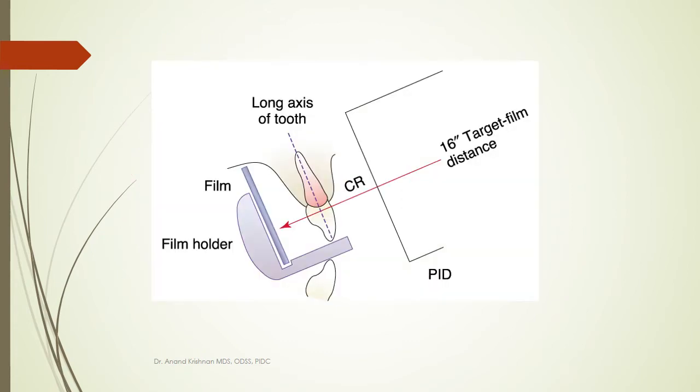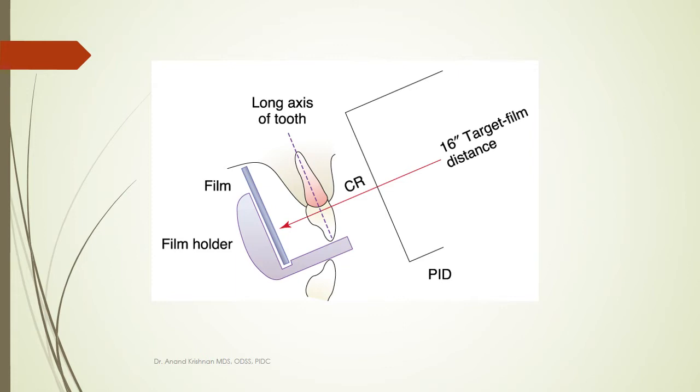For the paralleling technique, I told you that it is based on the principle of parallelism. This image shows you exactly what I was talking about. You can see that the long axis of the tooth and the film, that is the receptor, are parallel to each other, and the central ray from the X-ray tube source is perpendicular to the long axis of the tooth and the film.